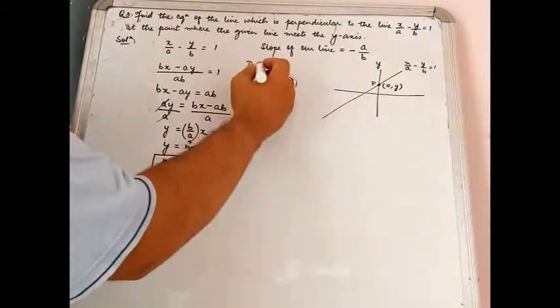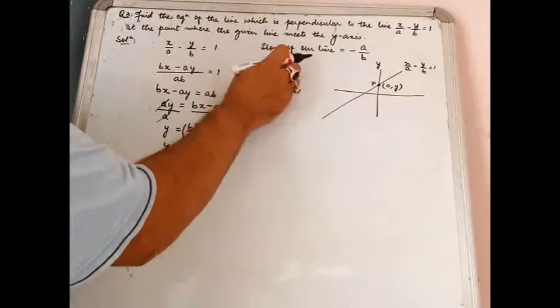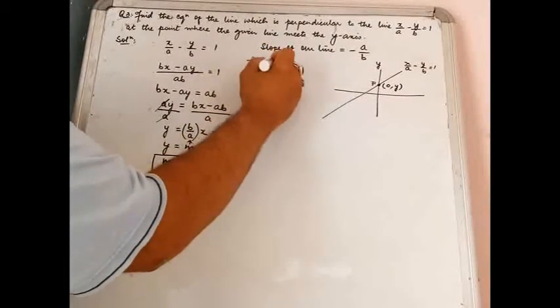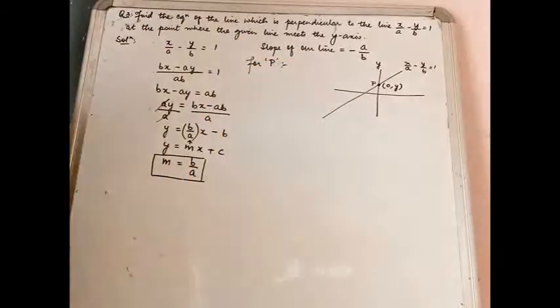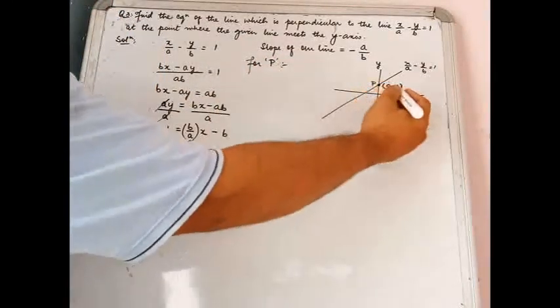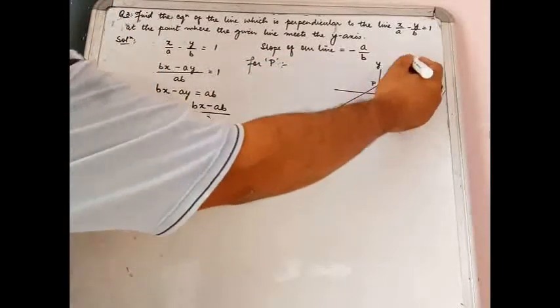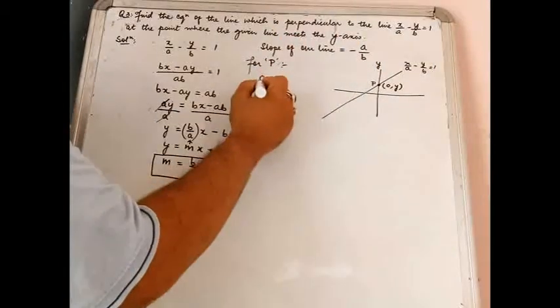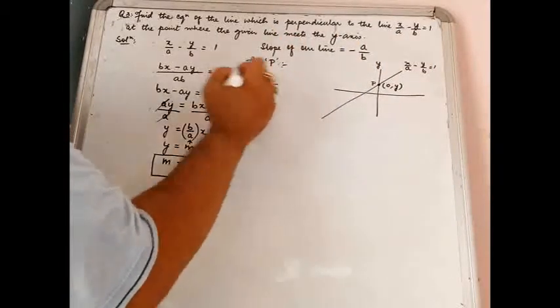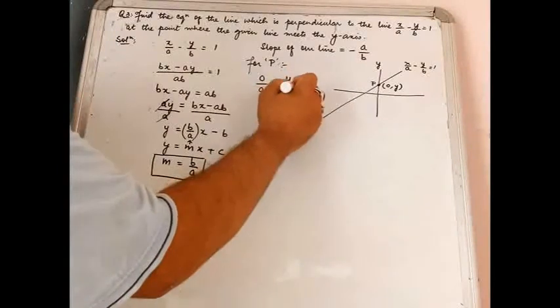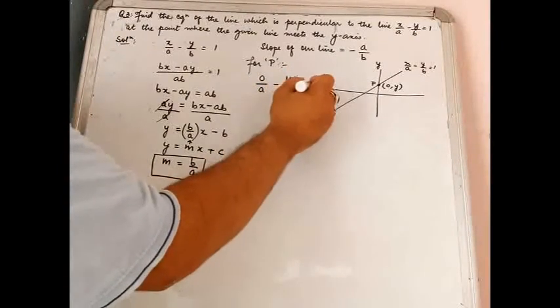Let us see what we get. The x part is 0, so I am going to put 0 over here. So 0 upon a minus y upon b is equal to 1.